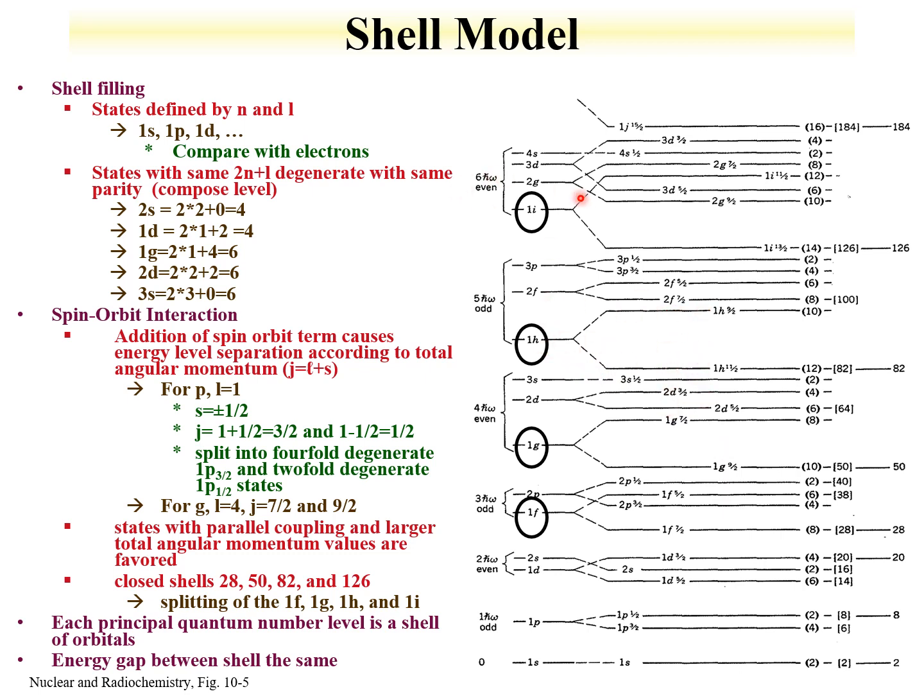Even the 1i is at the gap that defines the shell, that defines magic numbers. And we see the 1j here defines the magic number of 184. So from these trends, from the quantum mechanics of the shells, we get a lot of properties that come out related to the shell model, particularly the magic numbers and how many nucleons can go into the different orbitals.